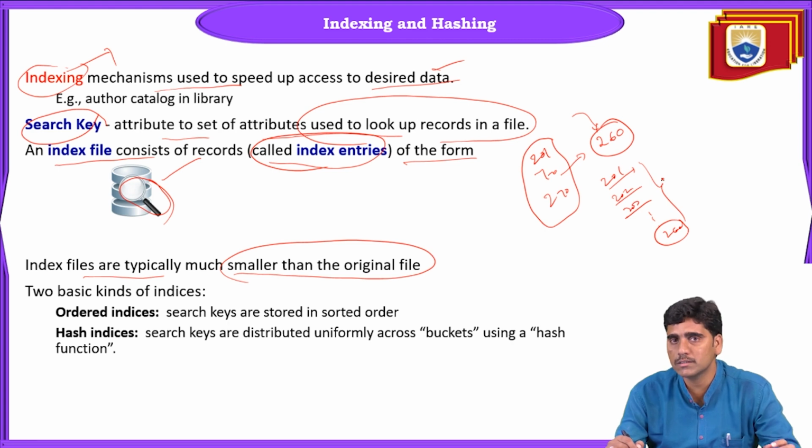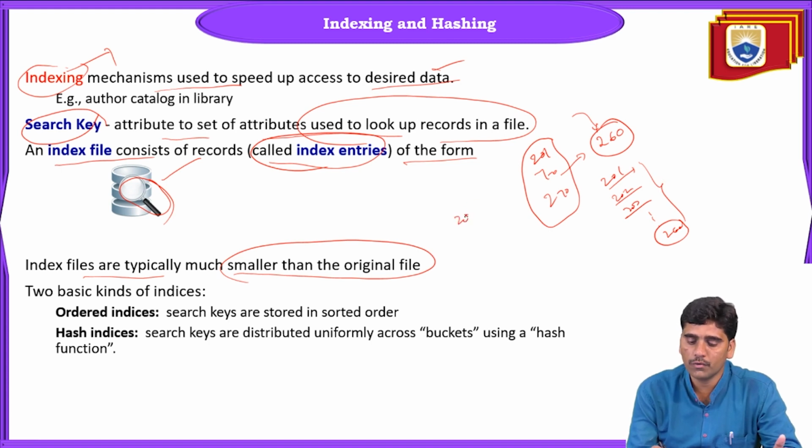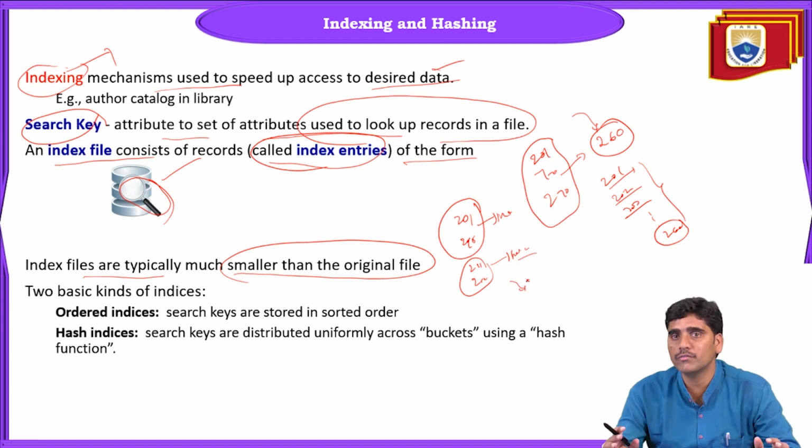To avoid this latency, we use the indexing process. In indexing, 201 to 210 is one index, similarly 211 to 220 is index 2, and that is how they differentiate the indexes for all the records.